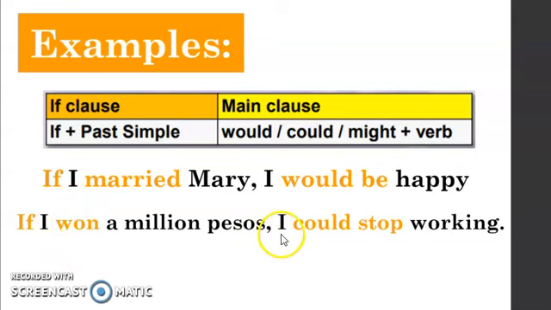And then in the main clause, we used could instead of would, plus the verb. And since this one uses the same form for the second conditional, then we can say that this is an example of a second conditional type of sentence. Okay, so that's for the second conditional.